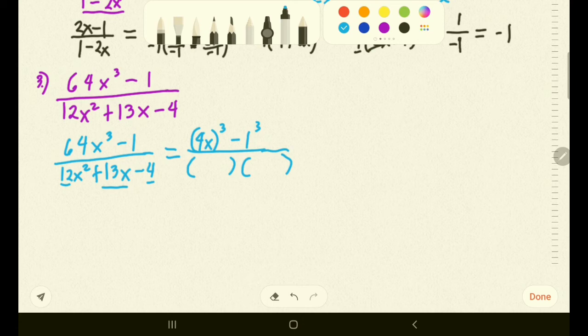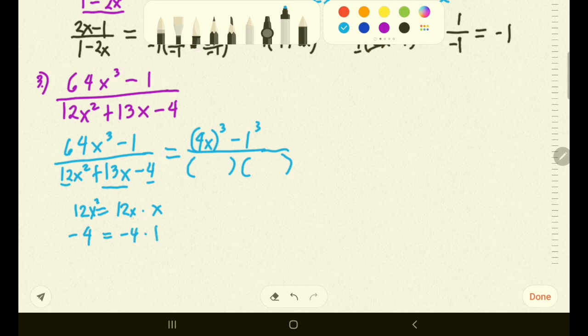So let's try. If you have 12x squared, that would be 12x times x. For negative 4, it would be negative 4 times 1.